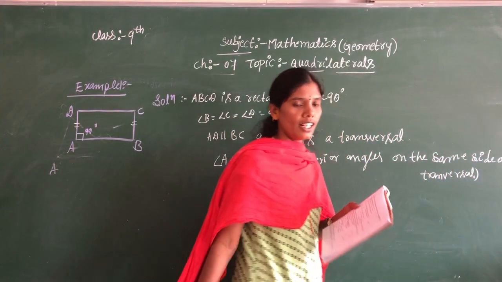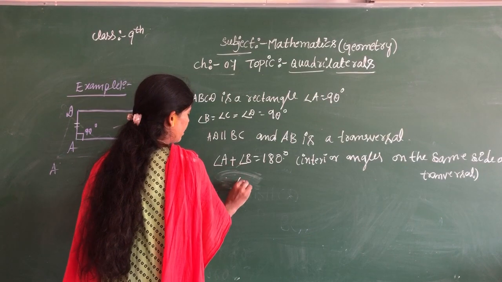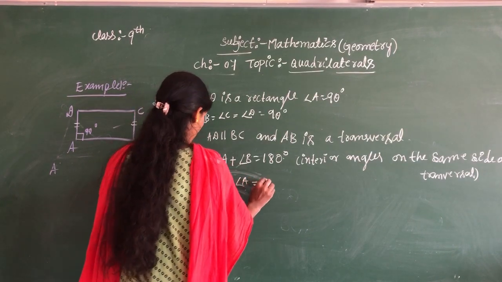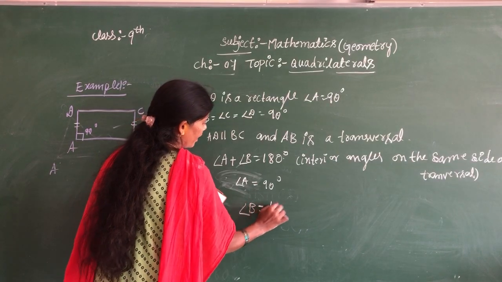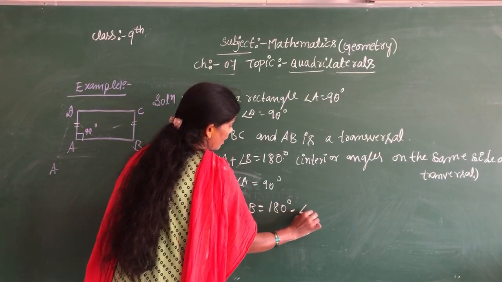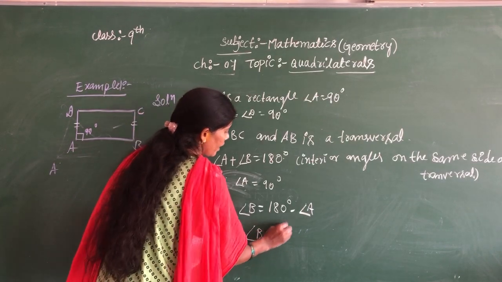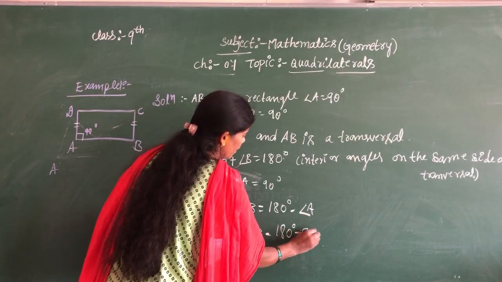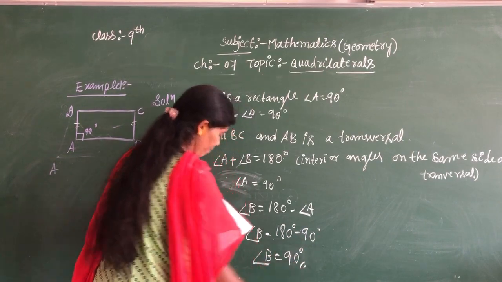So angle A is equal to 90 degrees. Angle B is equal to 180 degrees minus angle A. Angle B is equal to 180 degrees minus 90 degrees. Angle B is equal to 90 degrees only.